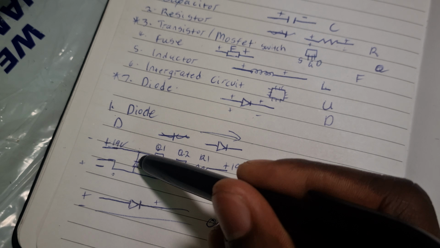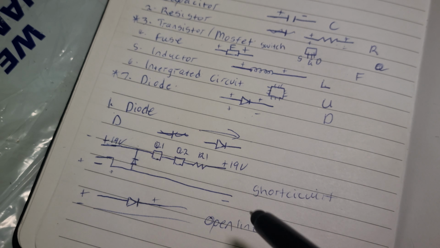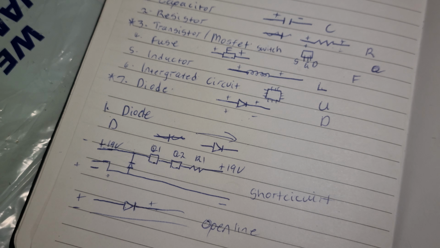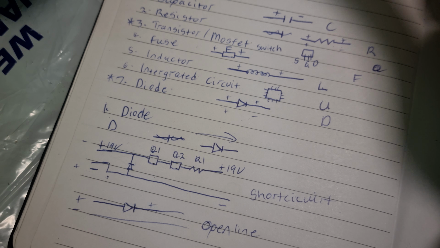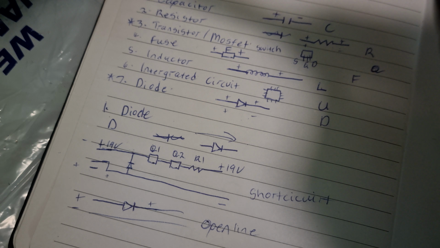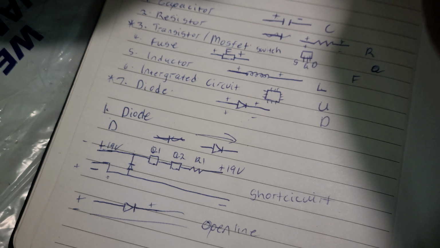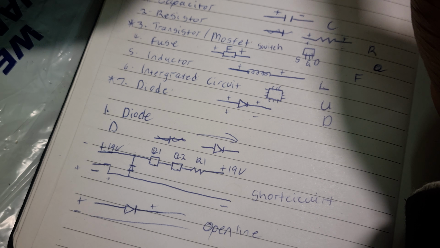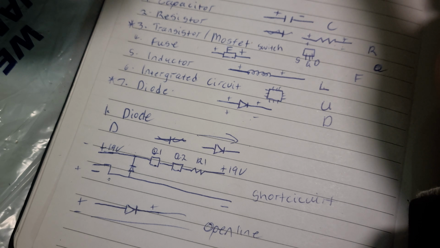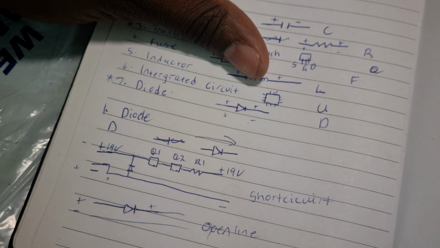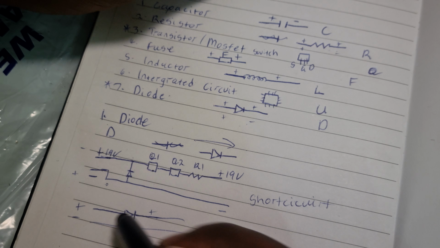If it fails in this case, you get a short circuit. If it fails in this case, you get an open line. It just depends on application. On MacBooks, yes, I think the 2015 MacBook Air. Do I have a motherboard? I don't think I've got a motherboard. Not only the 2015 MacBook Air, even the 2012 MacBook Pro, pretty much all MacBooks have a diode.